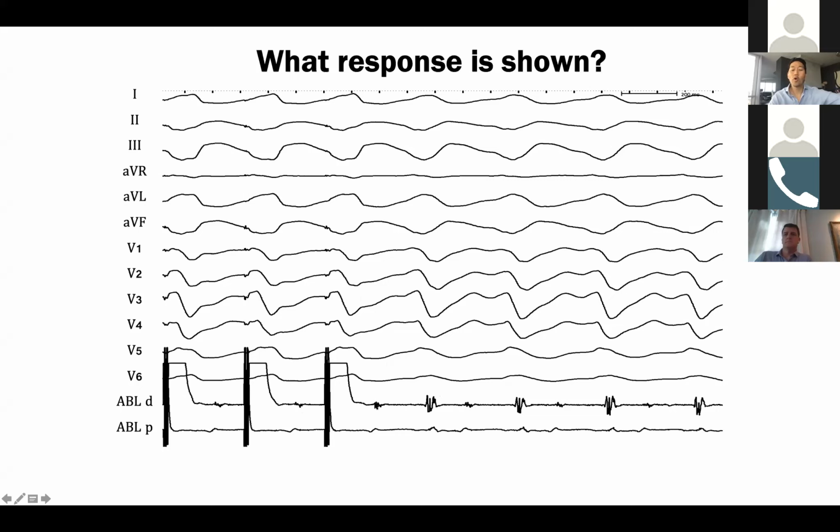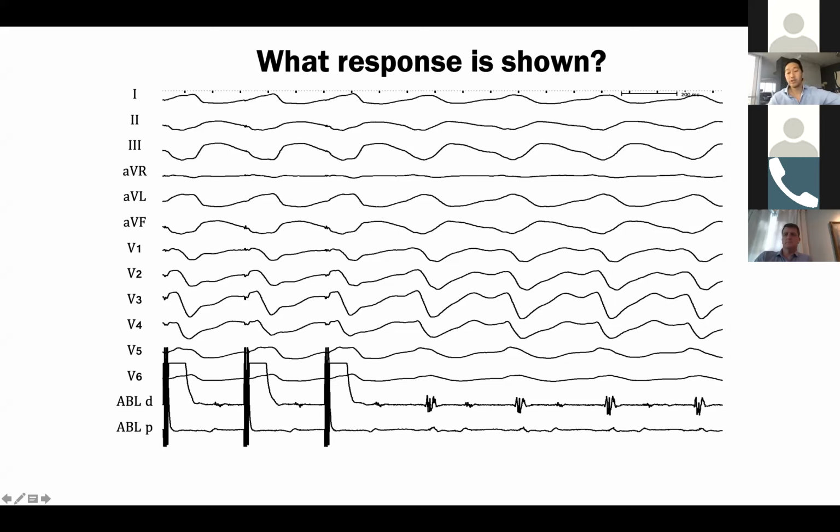So this is orthodromically captured downstream, but it's not directly captured. So you have not interrogated that local electrogram component to be able to assess that location's circuit property. All you know is that you're capturing something that's not that, which is most likely this.